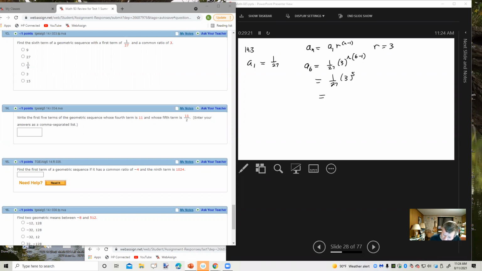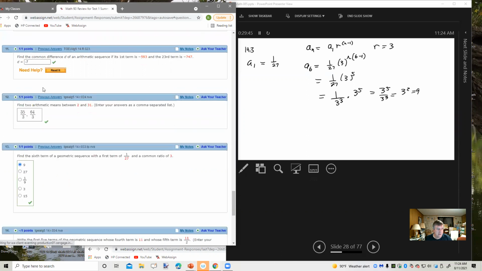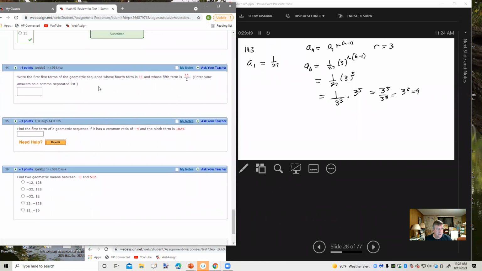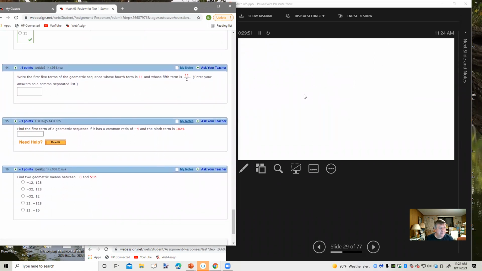Now, 27 is 3 cubed, right? So I could write this like this, because 3 to the 5th divided by 3 to the 3rd, dividing two powers with the same base, subtract the bottom exponent from the top, and let's see if we get the right answer. And we do.